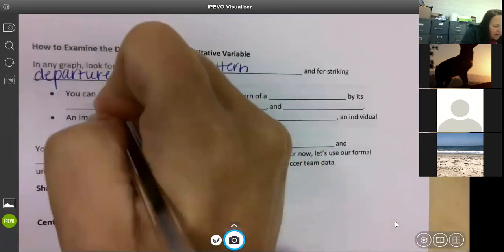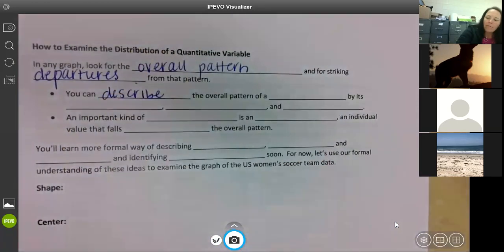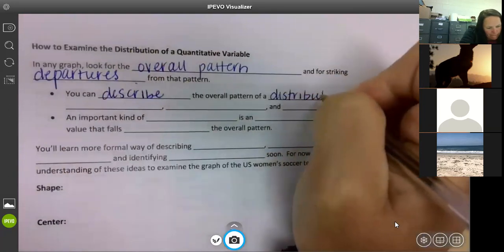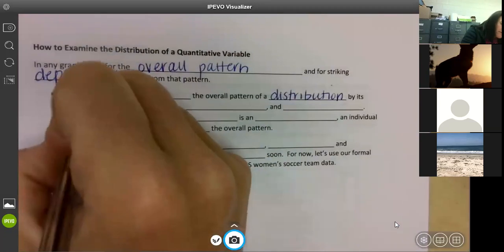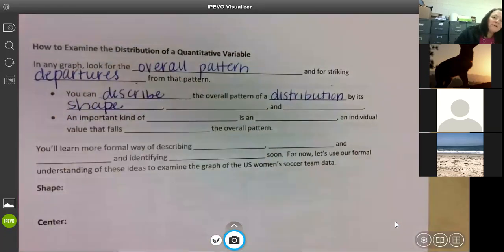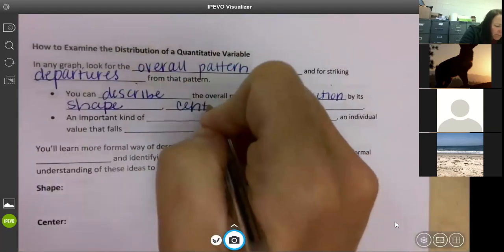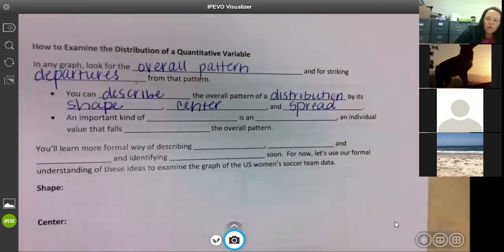You can describe the overall pattern of a distribution by its shape. This is important. You will do this the rest of the year, okay? Shape, center, and spread.